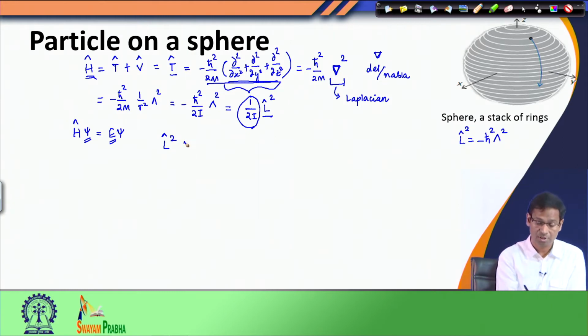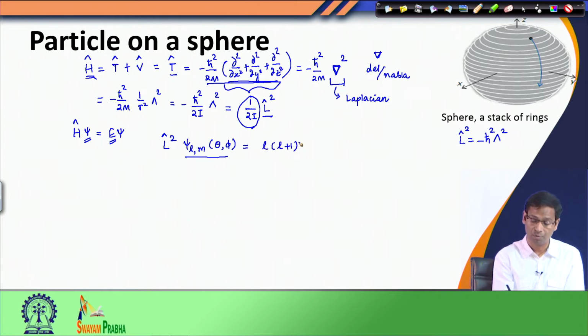What are its eigenfunctions? They are the well known spherical harmonics, psi L m, and you see they depend on theta and phi coordinates. The eigenvalue corresponding to the spherical harmonics for the L square operator is simply L into L plus 1 times h bar square.